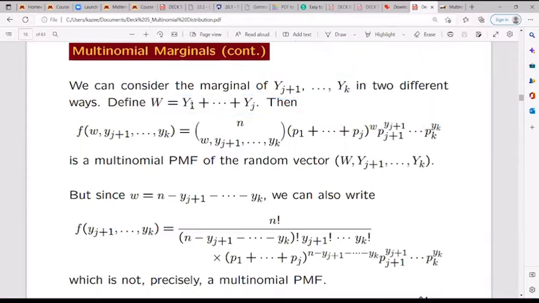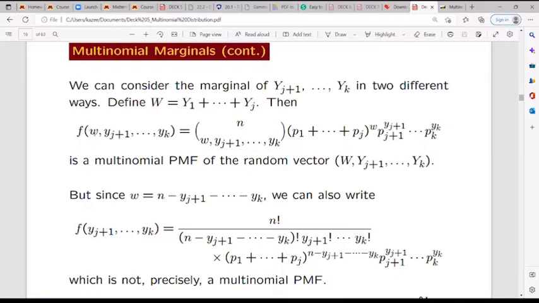So that was why, if you take a look at y1 up to yj, but we want to consider the marginal of yj+1, these guys stop at yj, but we want to start from beyond that. Look at that. If I want to find the marginal, I need to first look at the joint.